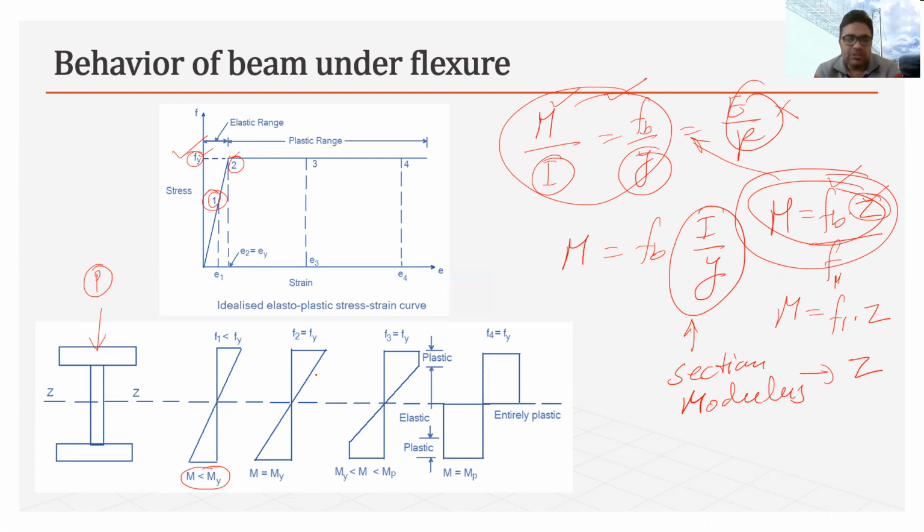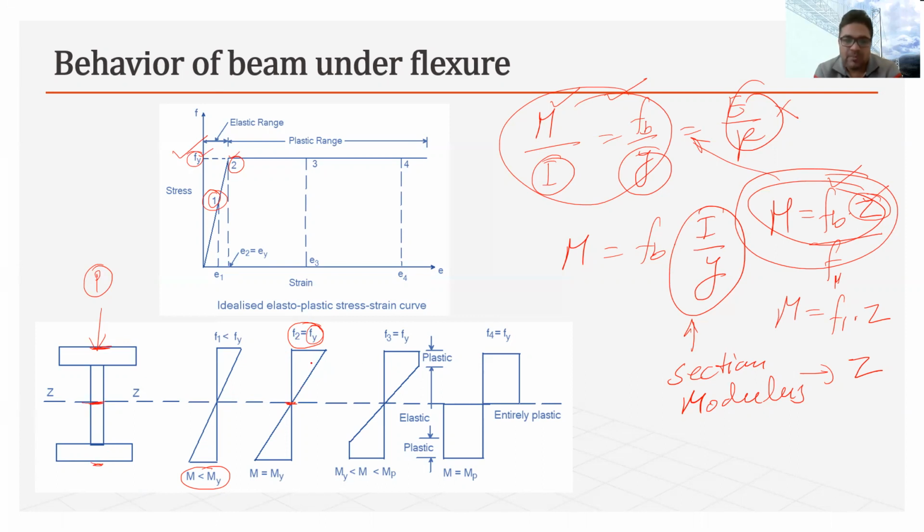At this position, the maximum stress in the beam will be F2, equivalent to the Fy value, while at the neutral axis the stress is 0. The variation of this stress across the depth will be linear, which means at the topmost point and the lowermost point the stress is higher, and as we go towards the neutral axis the stress is 0.